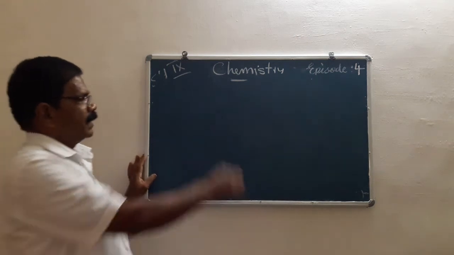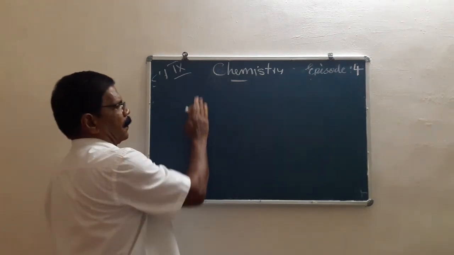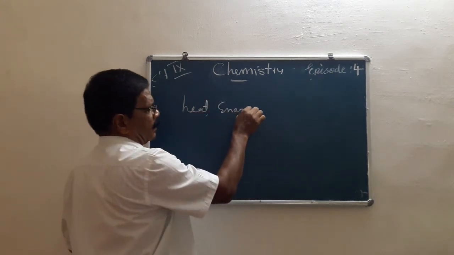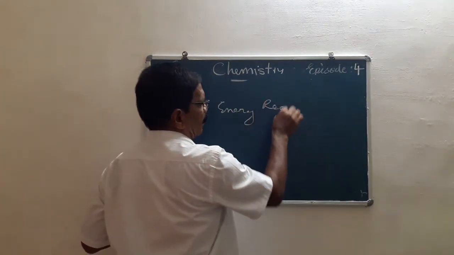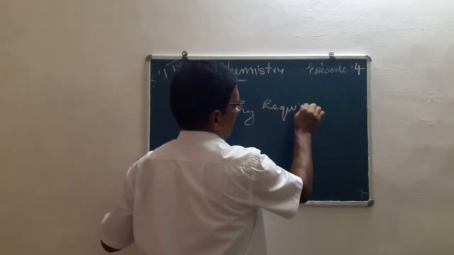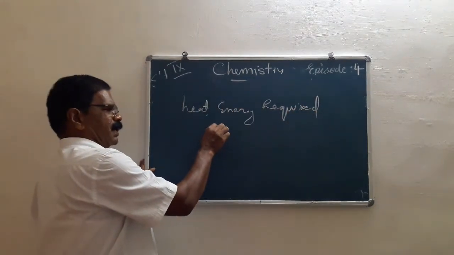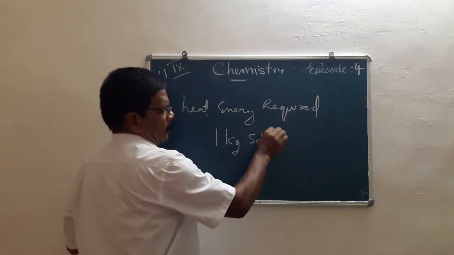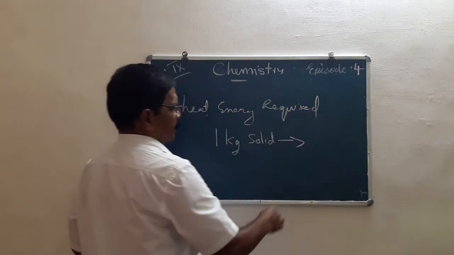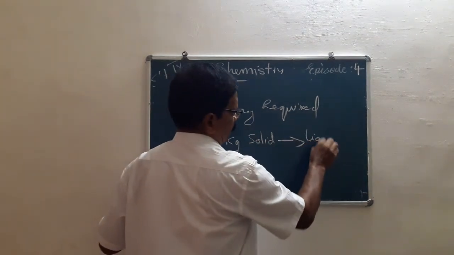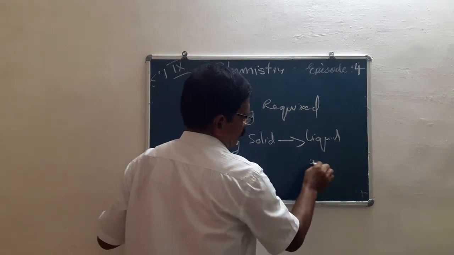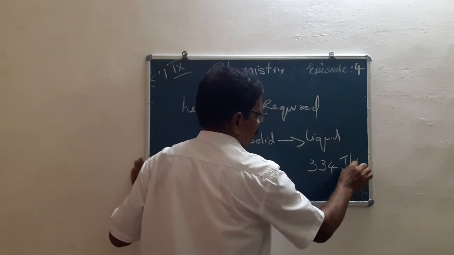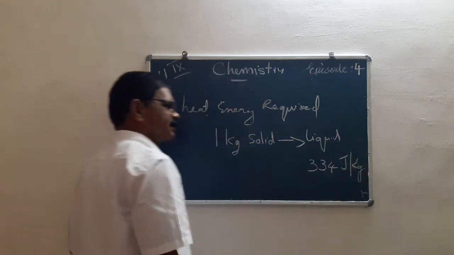The heat energy required to convert 1 kilogram of solid to liquid is 334 joules per kilogram.